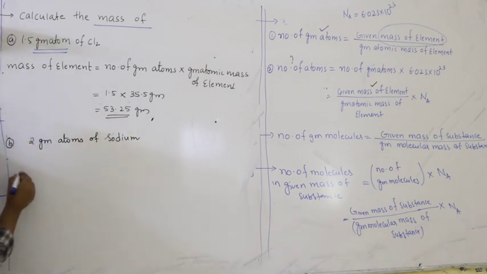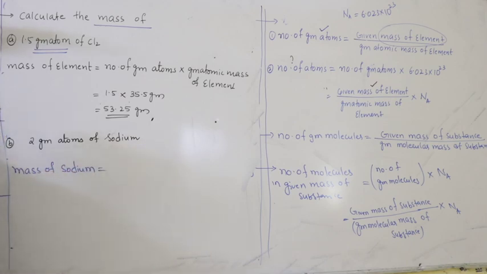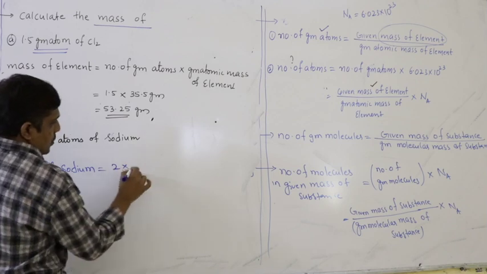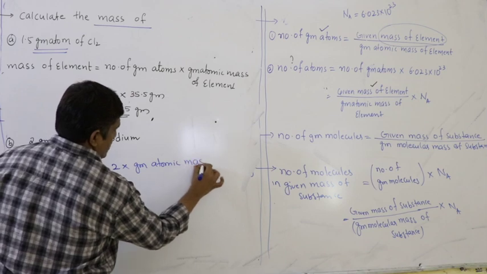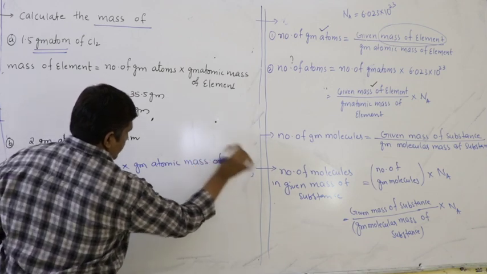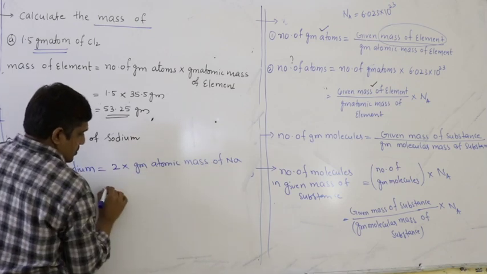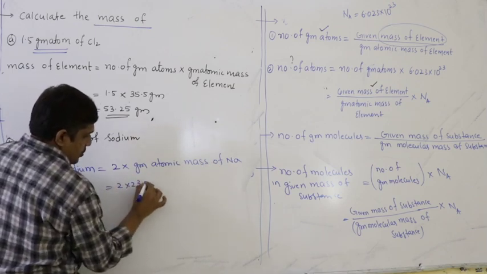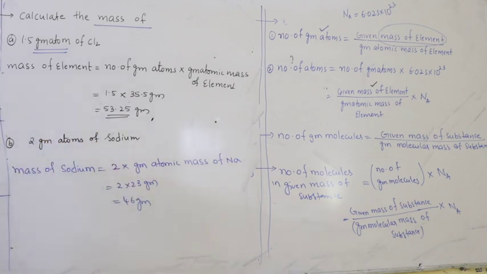Same story, we have to find the mass of sodium. Mass of sodium is equal to what? Number of gram atoms, 2 gram atoms, into gram atomic mass of sodium. What is the gram atomic mass of sodium? 23. Gram atomic mass of sodium becomes 23 grams. So, 2 into 23 grams, which is equal to 46 grams.